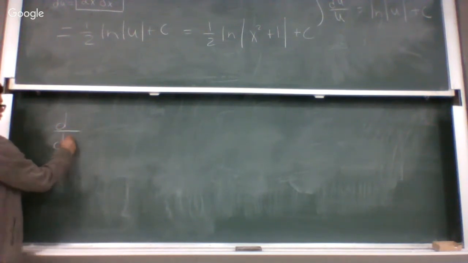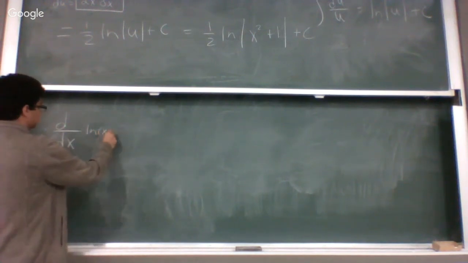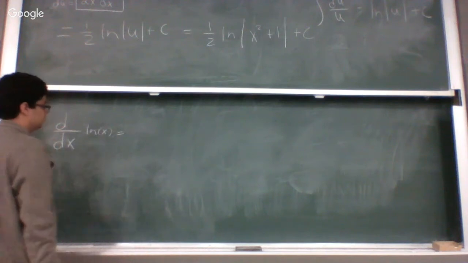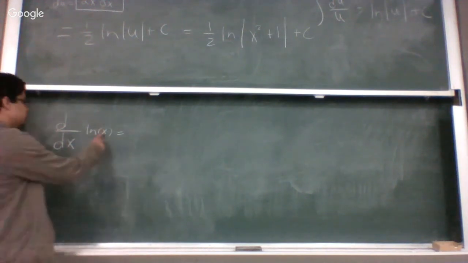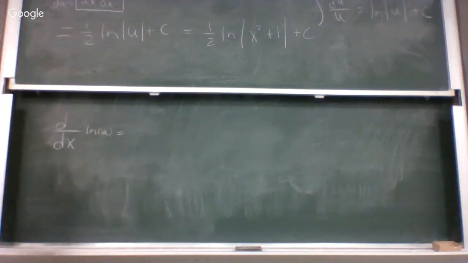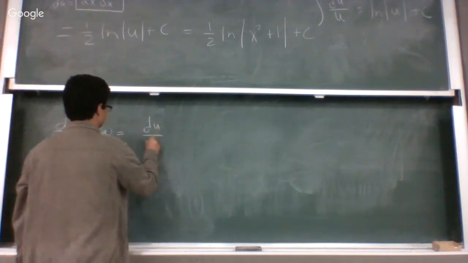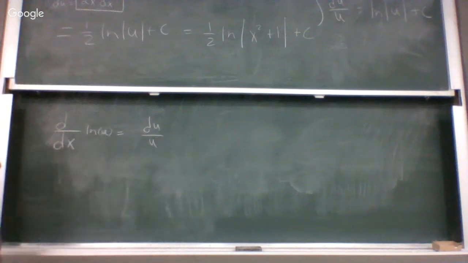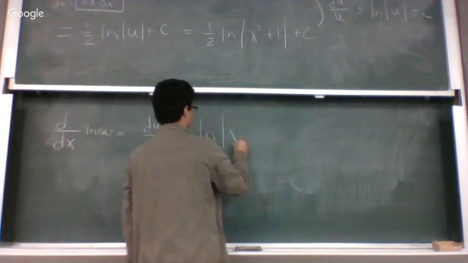What do you think the derivative of natural log will be? Or let's just put in a u there. Du over u. So if I had, what's the derivative of the natural log of x squared?